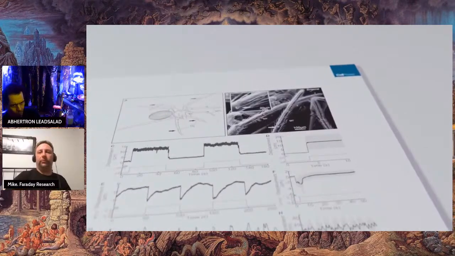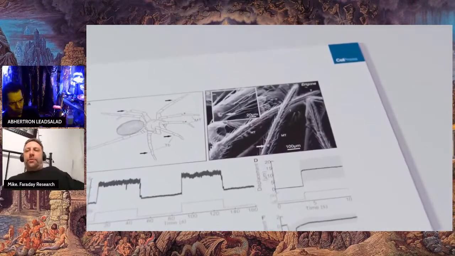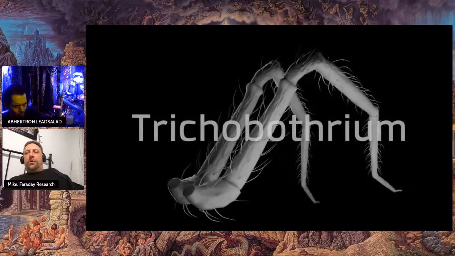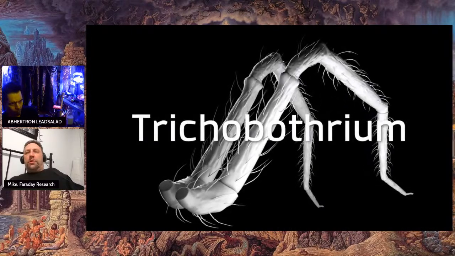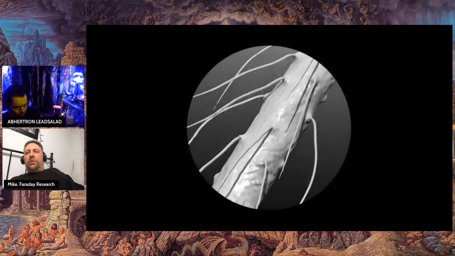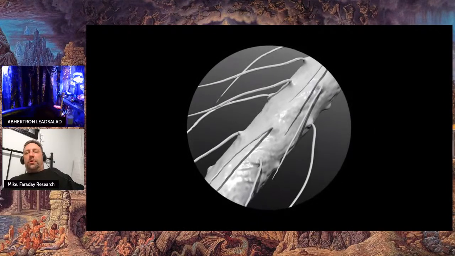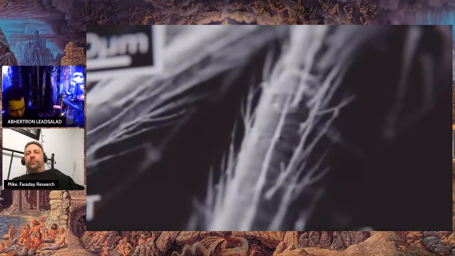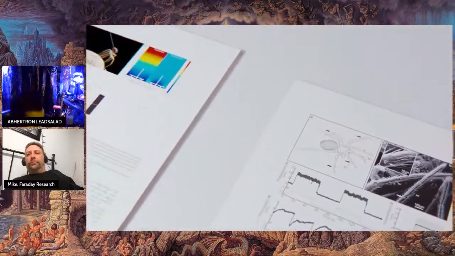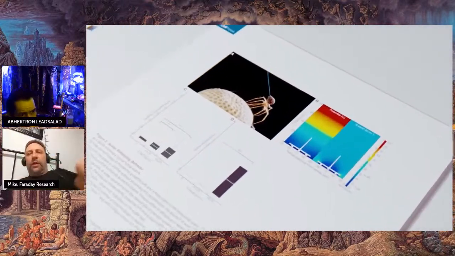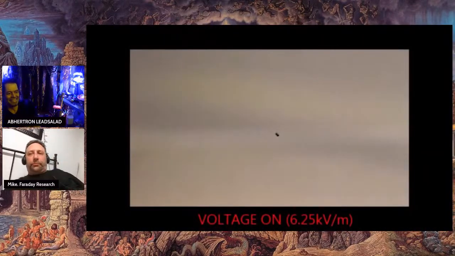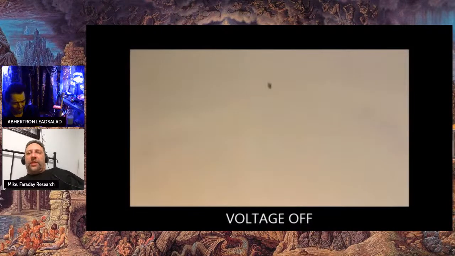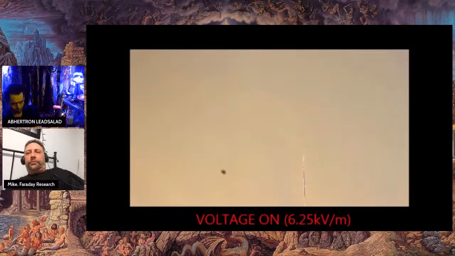And not only that, in this research they were able to demonstrate that by means of small hairs located on the legs, also known as trichobothria, these spiders were able to detect not only air currents, but also electric fields. Since they reacted in a different way depending on the stimulus. And as if that were not enough, in this study they put the spiders in a controlled environment without any air current, but with a controlled electric field, and the spiders managed to initiate flight without problems.